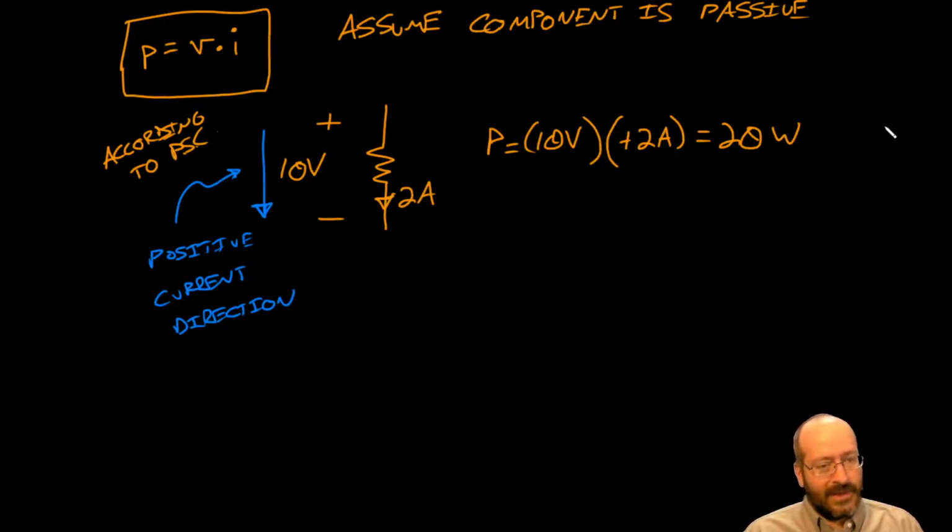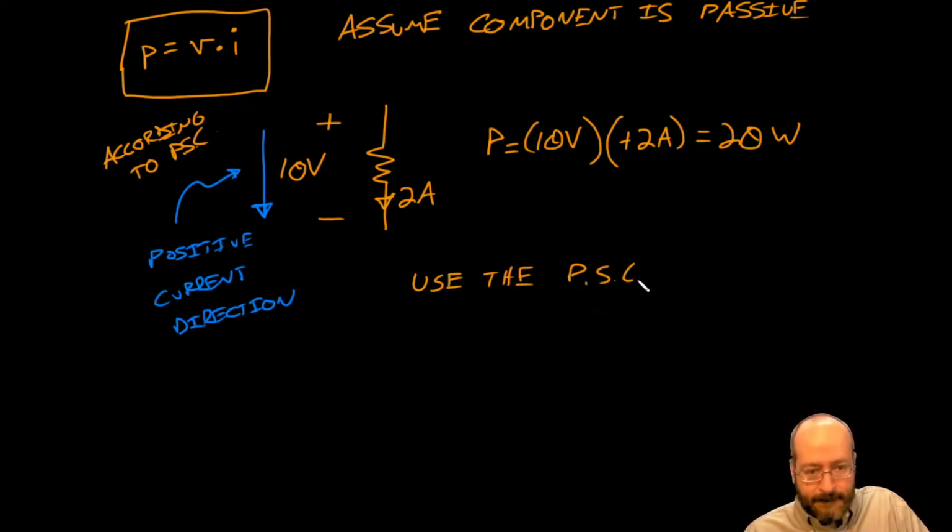But we're going to go with watts. So 20 watts, and this always answers the question. If you abide by the passive sign convention, then you're always answering the question: how much power is this element dissipating? Use the passive sign convention to answer the question.